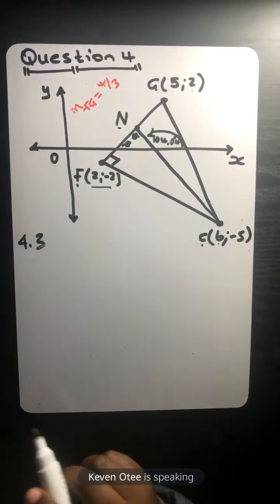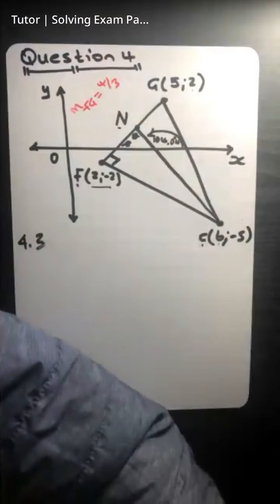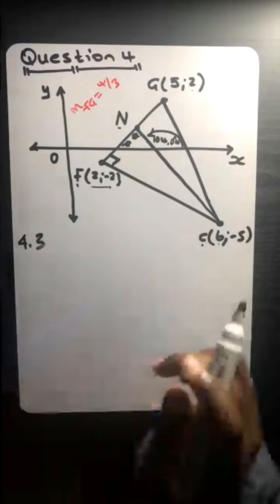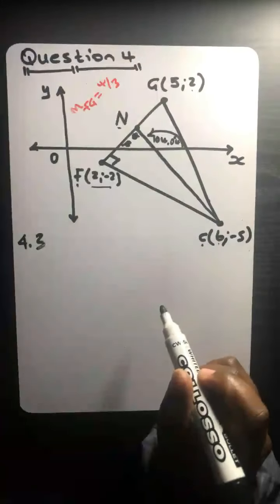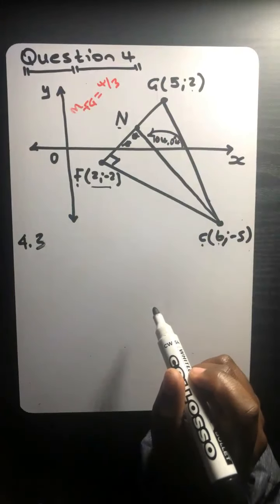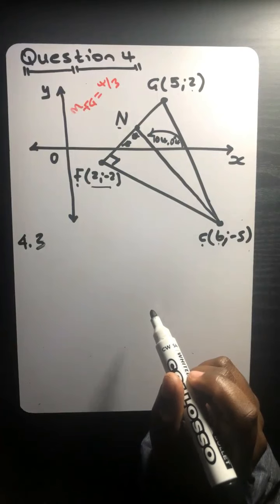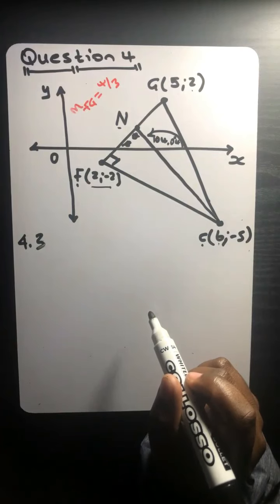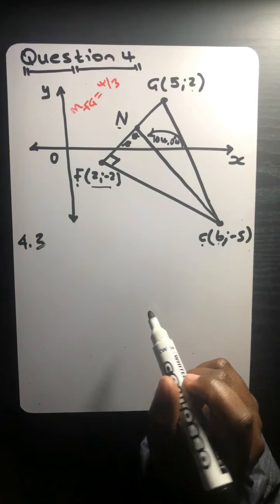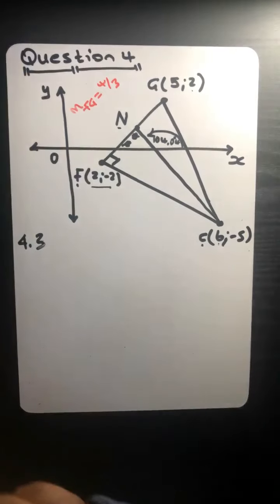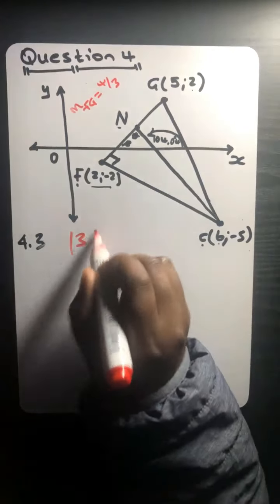The next one is, wait, was it a question? Before I move, let's see. Question 4.3 says calculate the size of angle theta, and this question is allocated 3 marks.